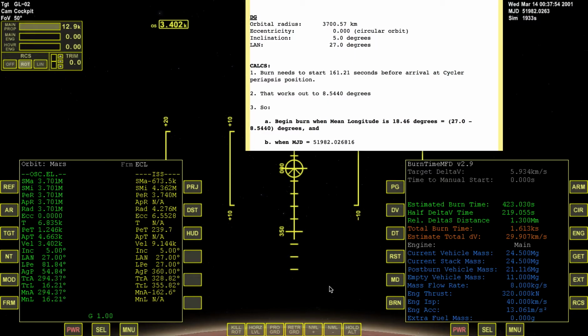So up to 16 degrees, we're going to get up to 18.46. 2 degrees to go, won't take very long. Very close now, 1 degree away.